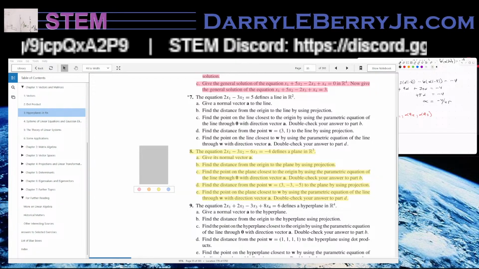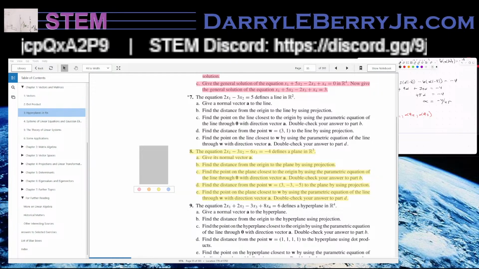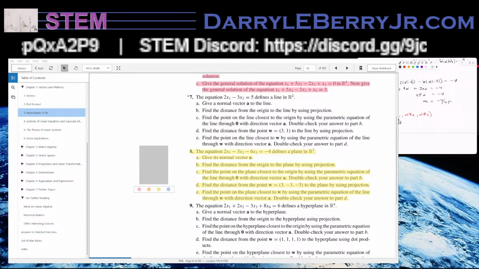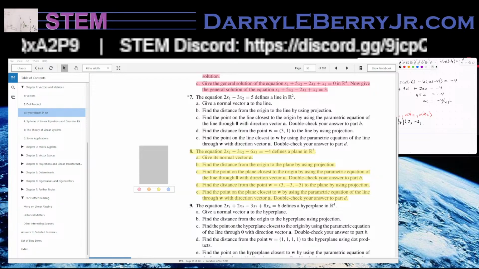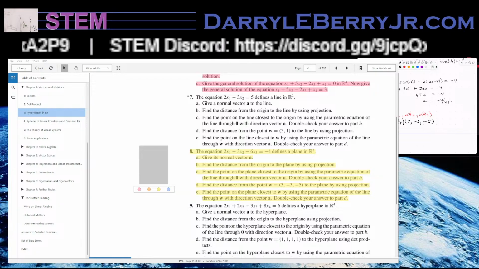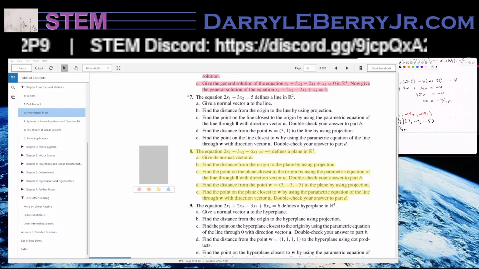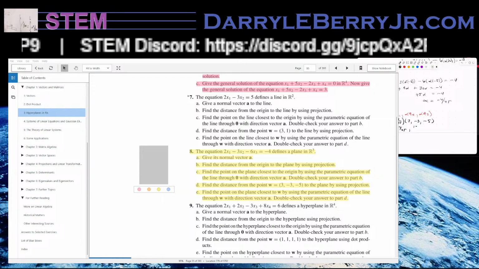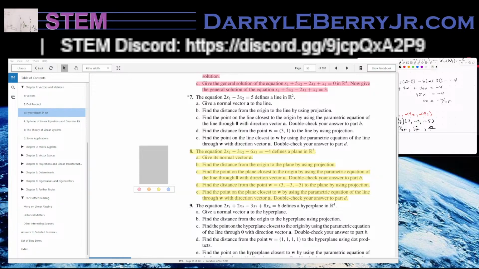That's going to be negative 4 over 45, 3, negative 3, negative 5. So that equals negative 12 over 45, 12 over 45, 20 over 45.